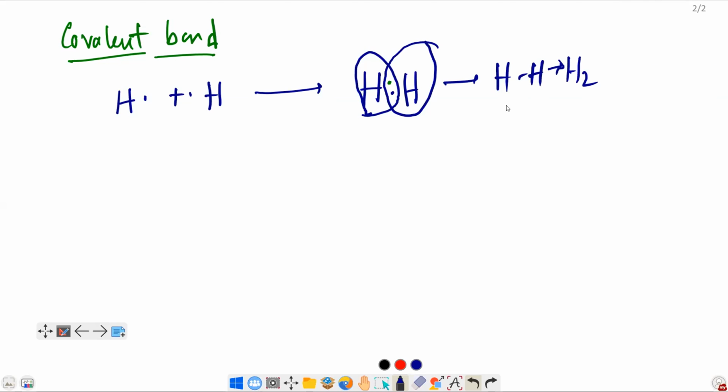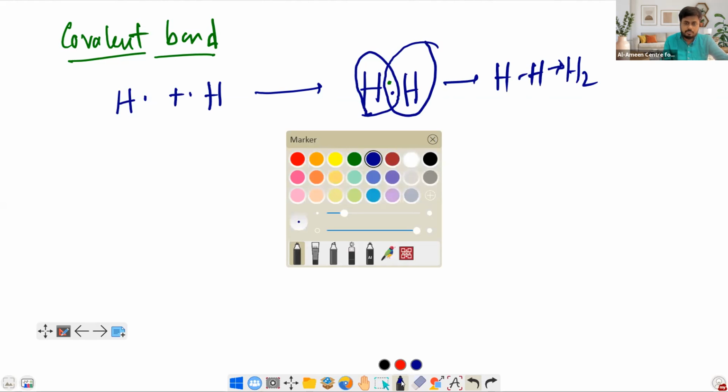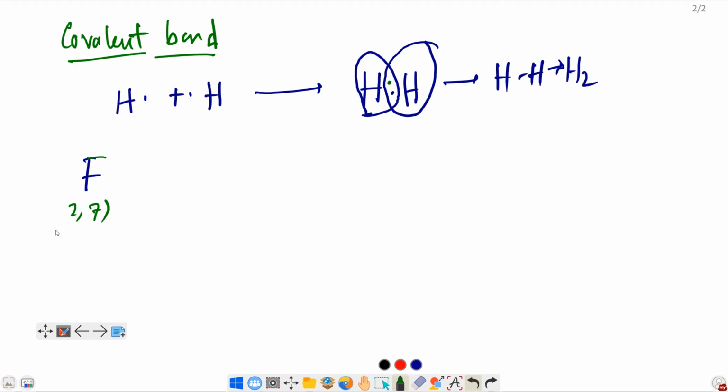Sir, repeat once again. So these are the 2 electrons of hydrogen to form this bond. Now the question is that in case of other compounds, let us take another example with fluorine. In case of fluorine, can you find how many electrons are there in the last shell? It's 9. Fluorine has 7 in the last shell.